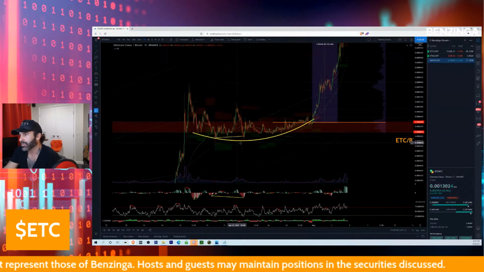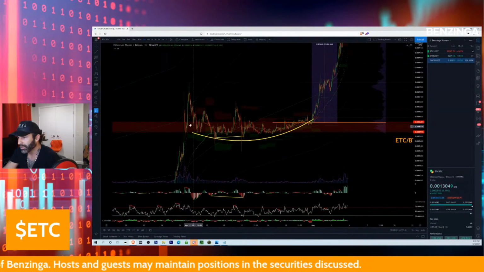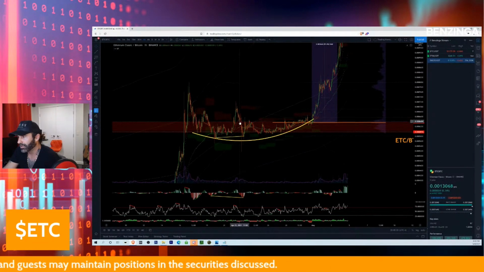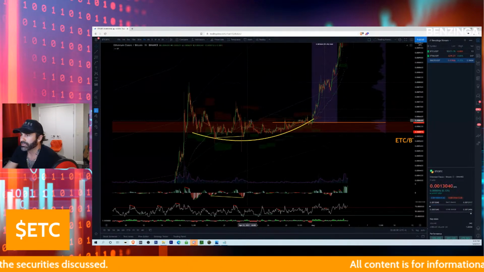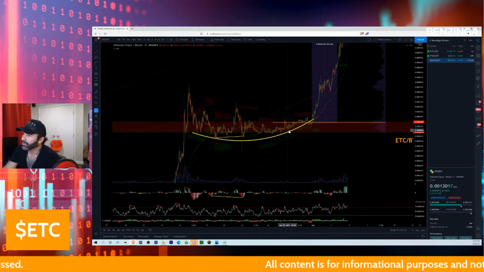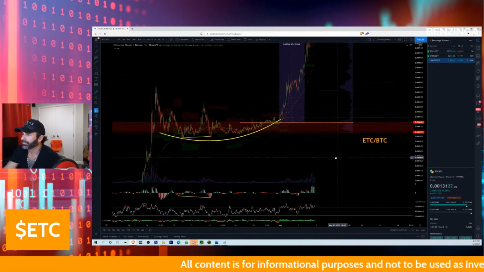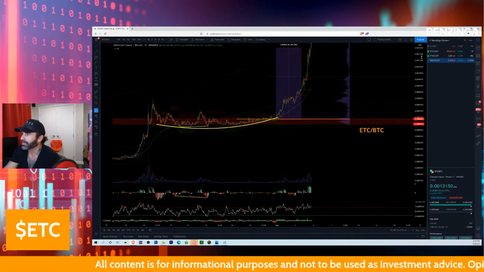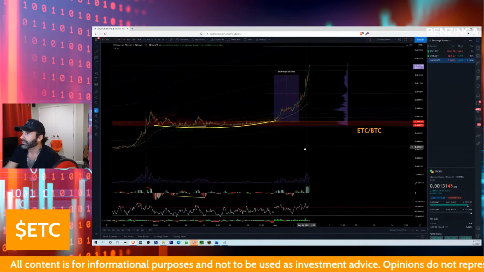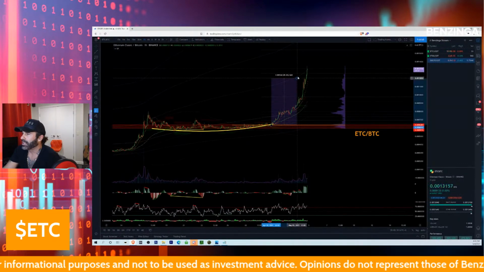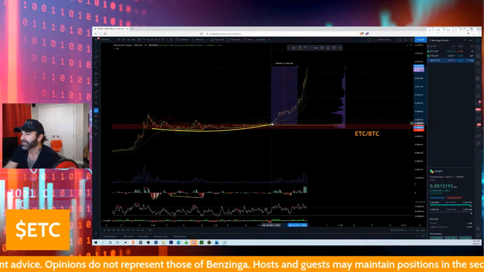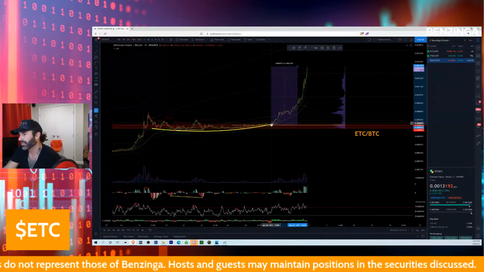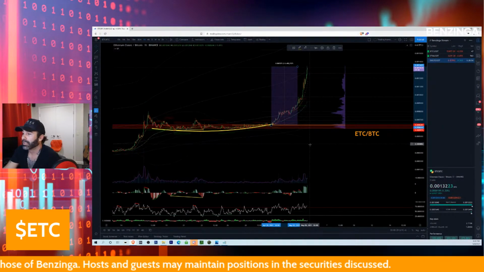And if you look, we've got that rounding bottom accumulation. We had a clear sell wall at about 6,381 sats. And once we broke that, you see what happened here. This asset appreciated, and it looks like it's still going at the moment. It's up 112% since the first of the month.